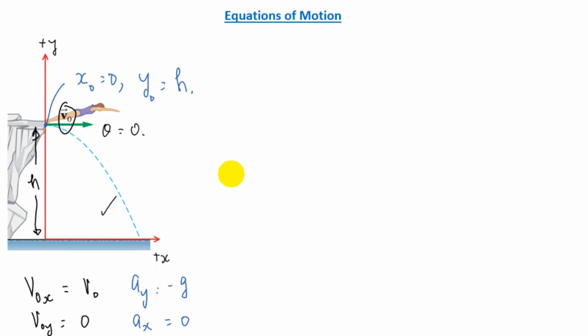Now I'm going to substitute all these values in the fundamental equations for projectile motion to find the equations of motion in this case. So we have the fundamental equation x equals x0 plus v0x times t plus 1/2 times ax t squared.